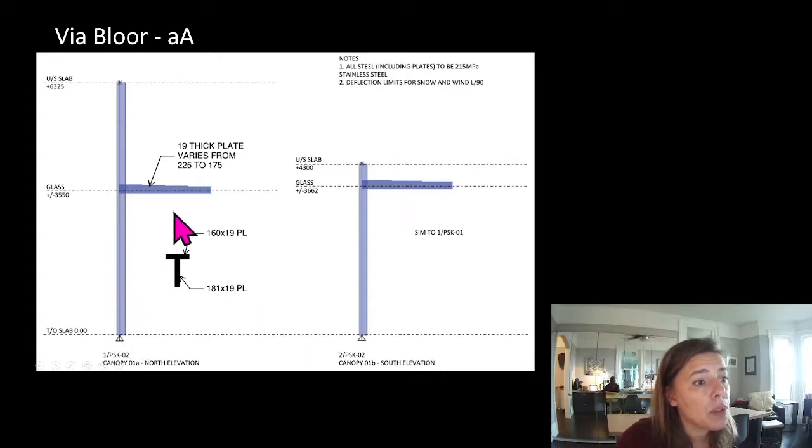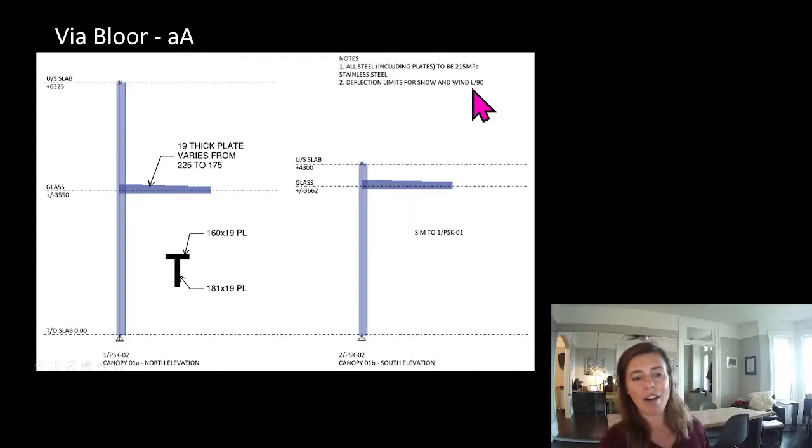So we had our post, we had a T-shape that would taper down and support the glass. I've listed that the plate steel would be stainless, so it has a lower strength than our normal structural grade steel. Deflection limits for snow and wind, L/90. So not our L over 180, so 22 millimeter deflection limit.